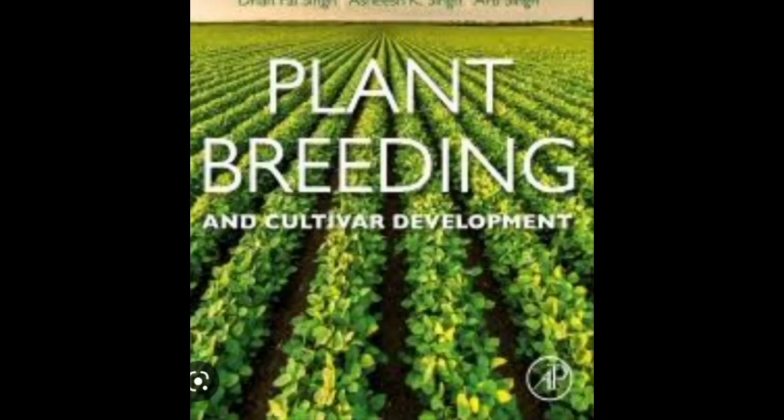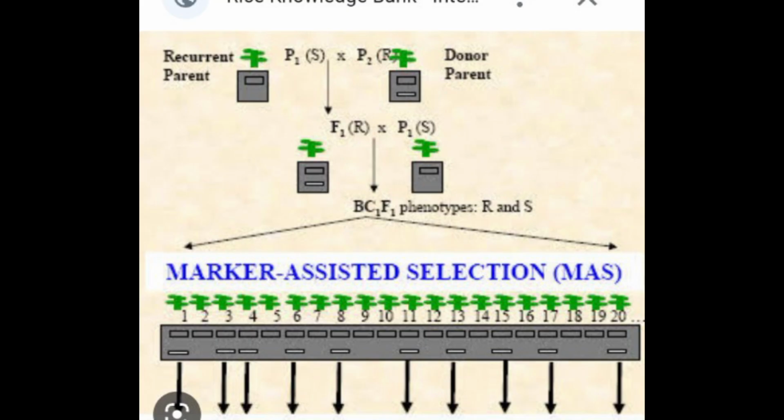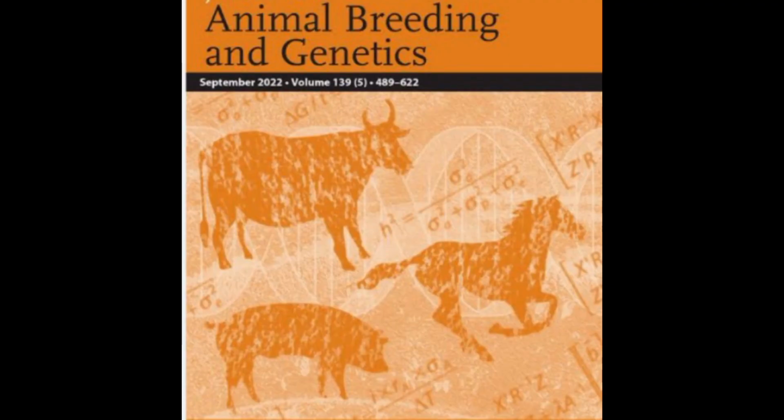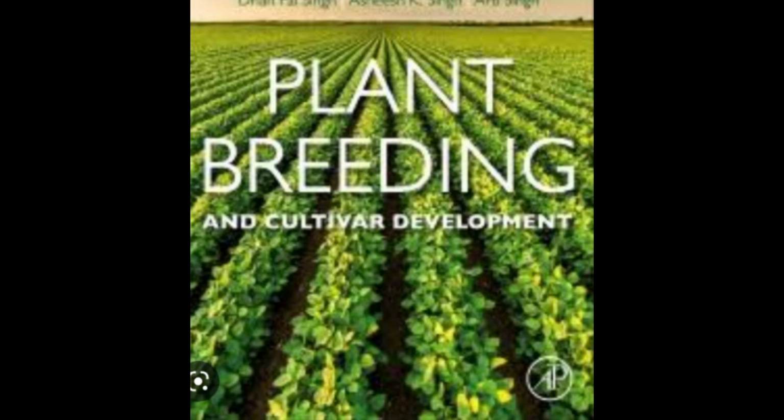The sum of p and q is 1. Therefore, p plus q is equal to 1. Such a population would be at equilibrium since the gene frequency would be stable and would not change from one generation to the next.